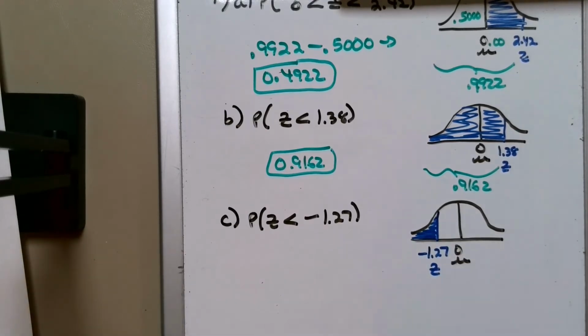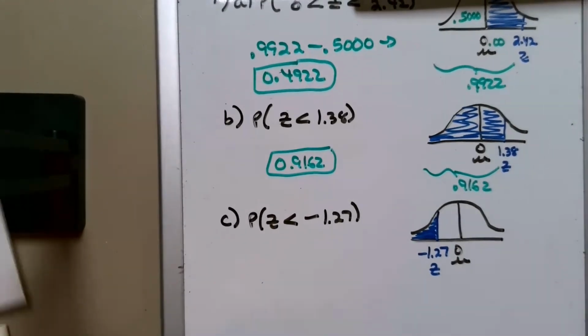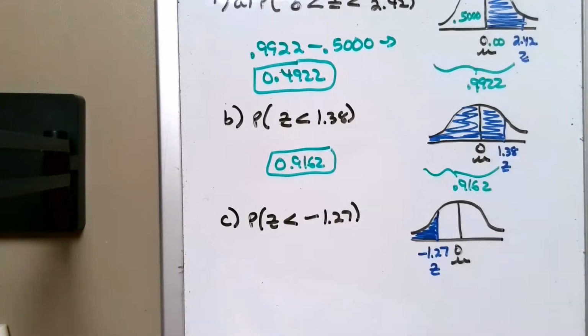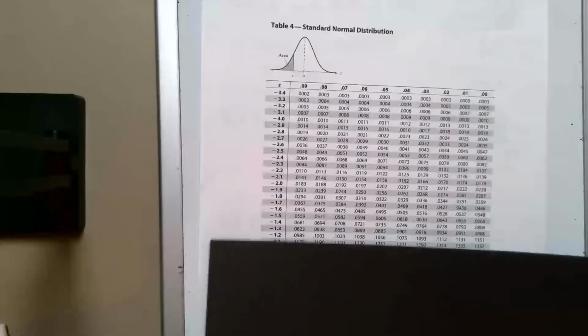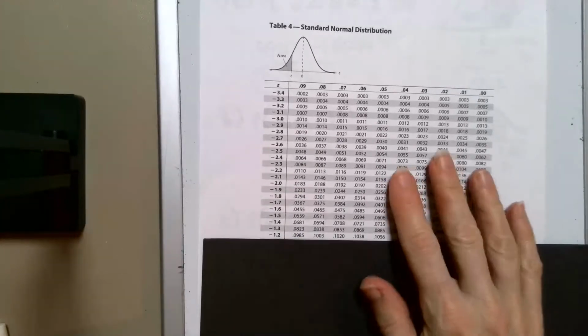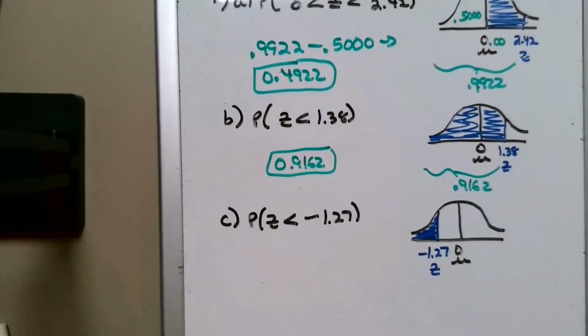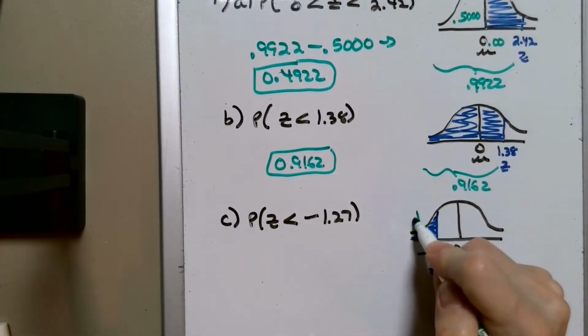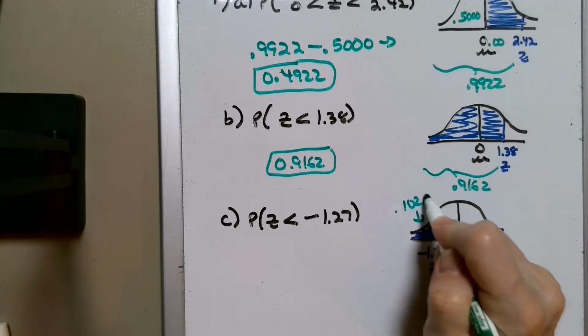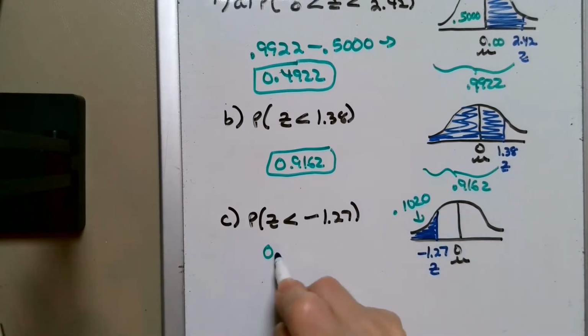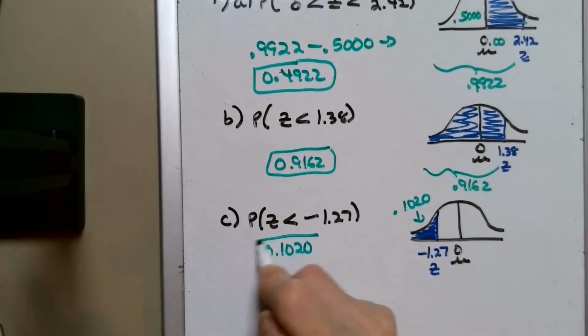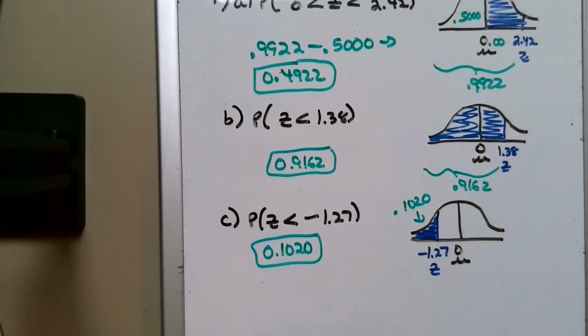When I look up negative 1.27 on the negative Z side of the table, negative 1.2 and then 700ths, I get 0.1020, which is the area to the left here in the left tail. That's what we wanted, so that's our answer, 0.1020.